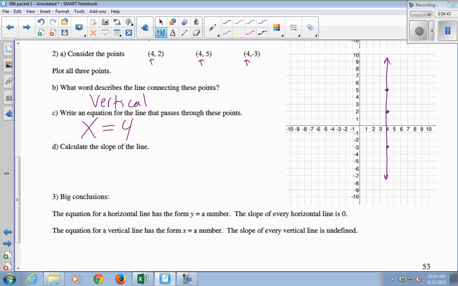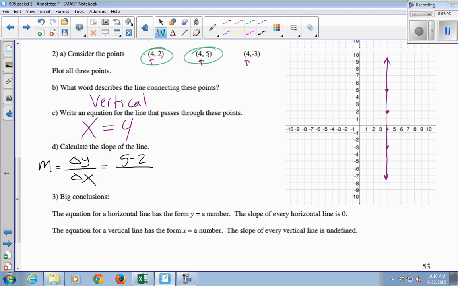All right, if I want to calculate the slope, I can pick any 2 points I want. I'll just pick the first 2. I calculate its slope by change in y over change in x. So I subtract the y coordinates: 5 minus 2.